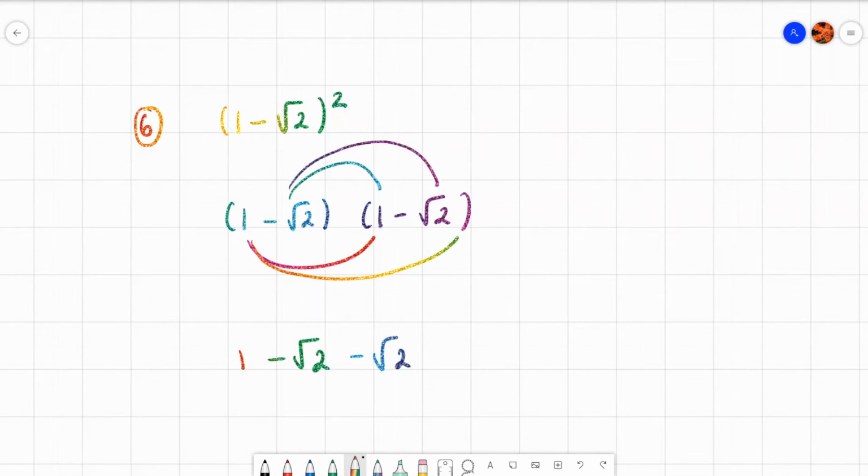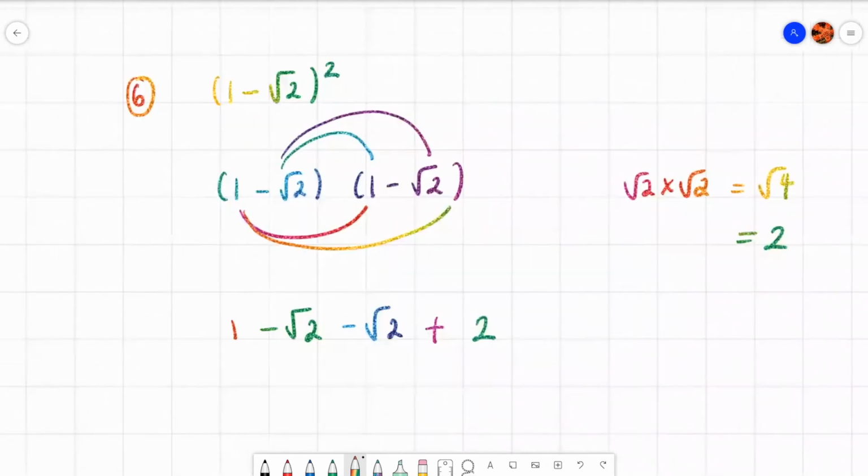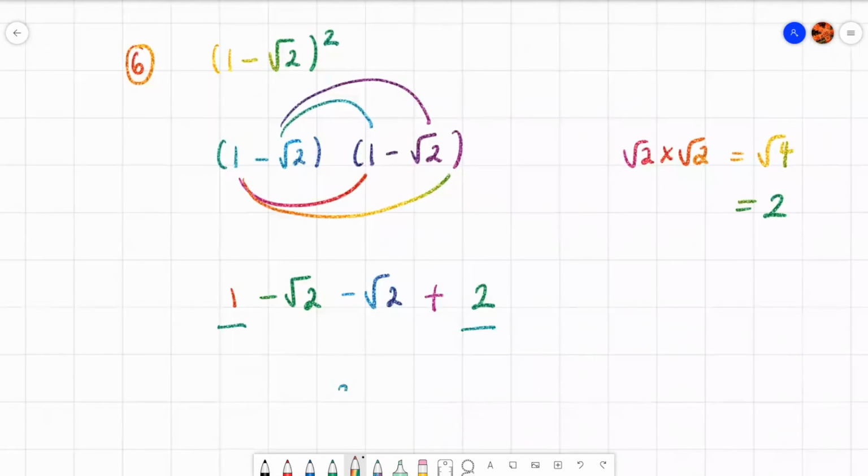Well, we know that's going to be a plus because two negatives times together make a positive. And then root 2 times root 2 is just going to be 2, because that becomes root 4, but root 4 is 2. Add the numbers together. That becomes 3. And minus root 2 minus another root 2 becomes minus 2 root 2. Again, you can't simplify this any further, so we leave it as it is.